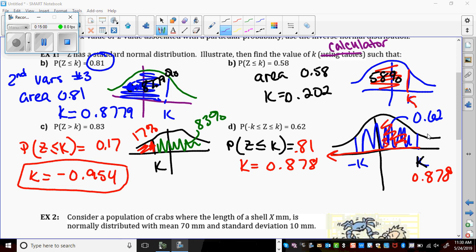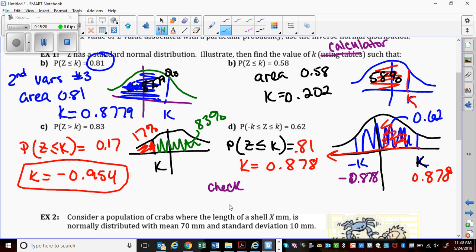Okay, well, if this one is 0.878, then negative k is negative 0.878, right? If k is this, negative k is negative this. You can always try it, check it, and see if it works.